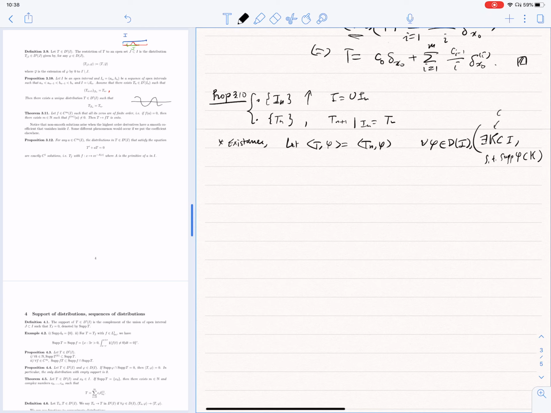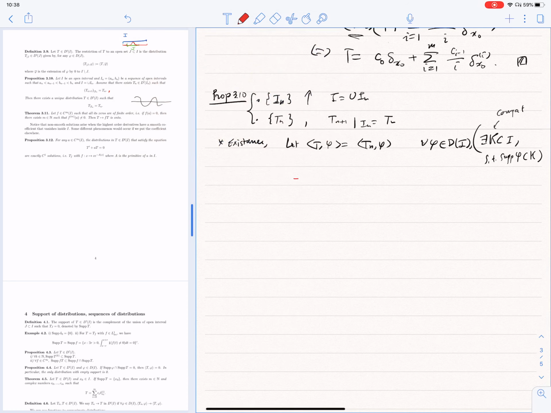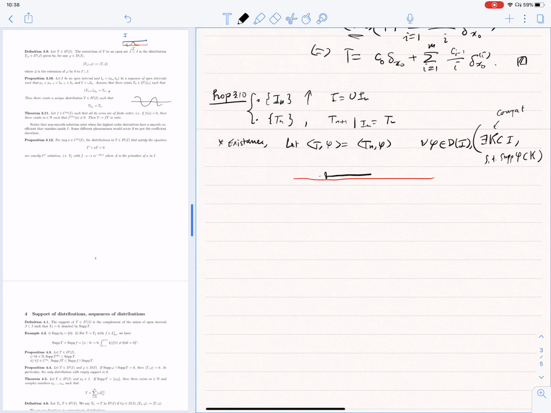So this is a compact set. Since it is a compact set, and we are considering this interval I, which is the largest, we have a compact set K in here.